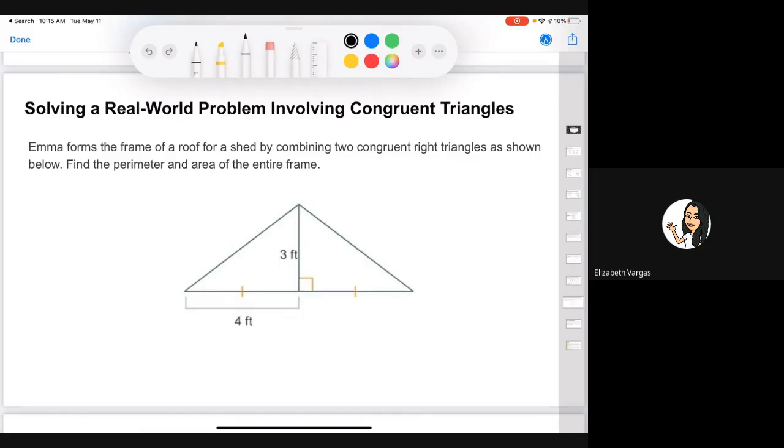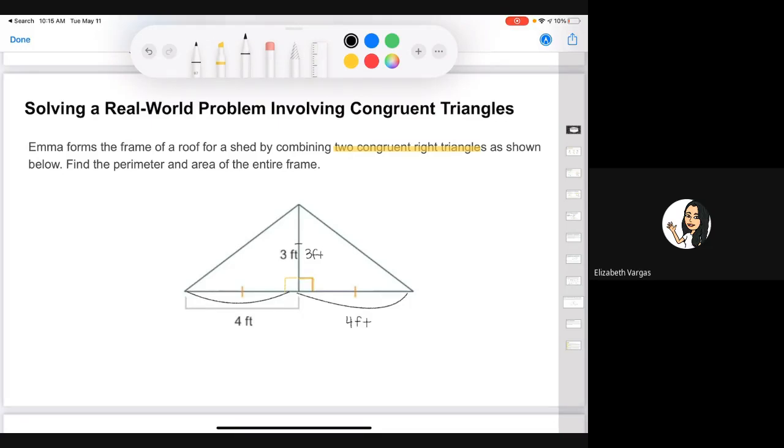That being said, their parts will be congruent. So if this part has a right angle, this part will have a right angle. If this part is 3 feet, this part will also be 3 feet. If this line segment is 4 feet, then this line segment will also be 4 feet. Right? Because I know those two triangles are congruent to each other, I know that their parts will be congruent to each other. Now it's telling us to find the perimeter and the area of the entire frame.